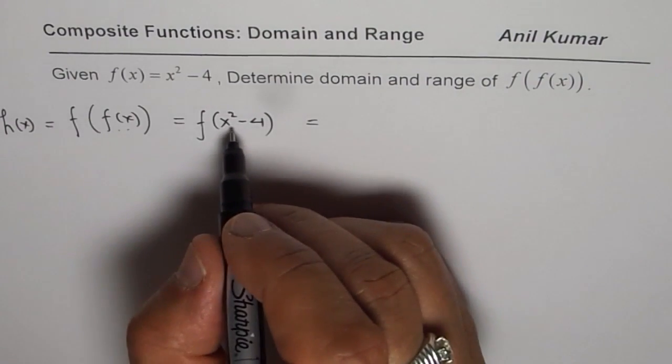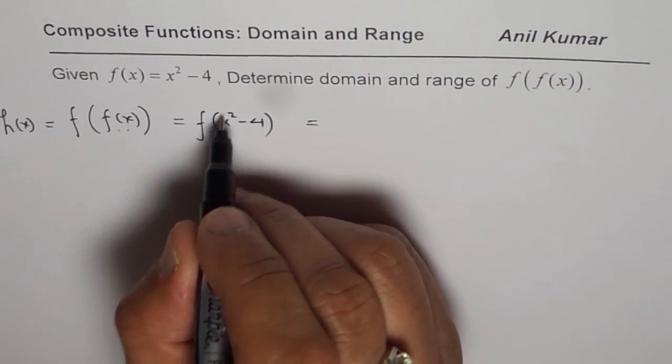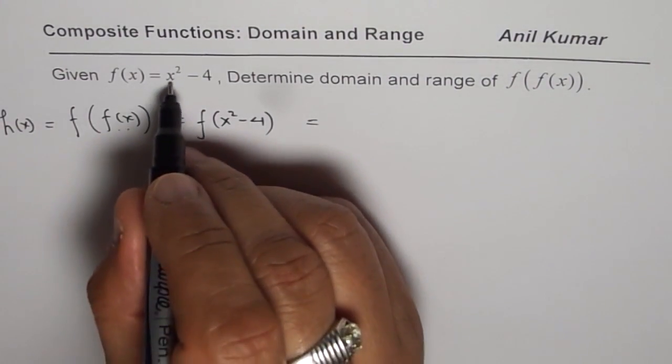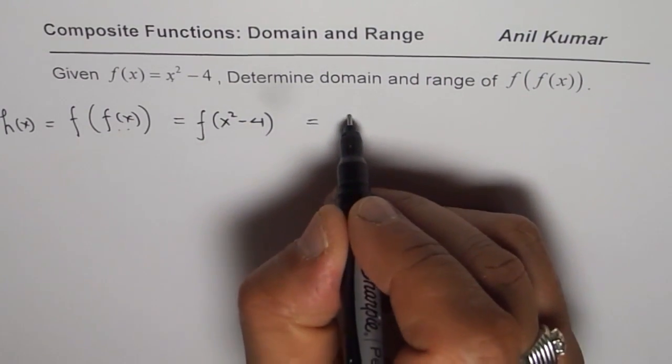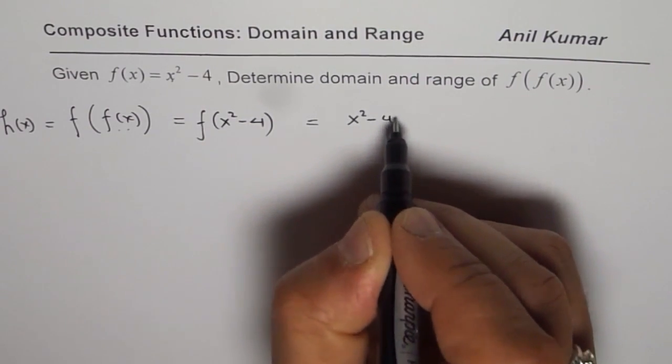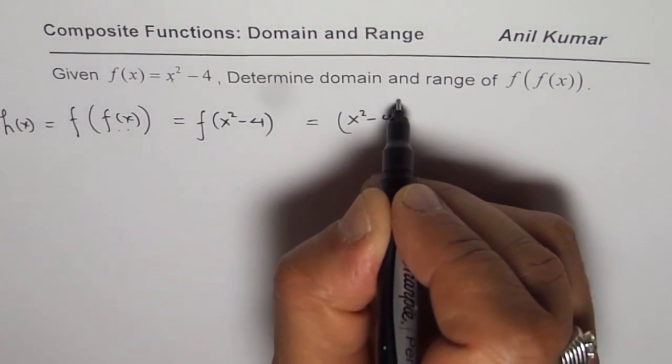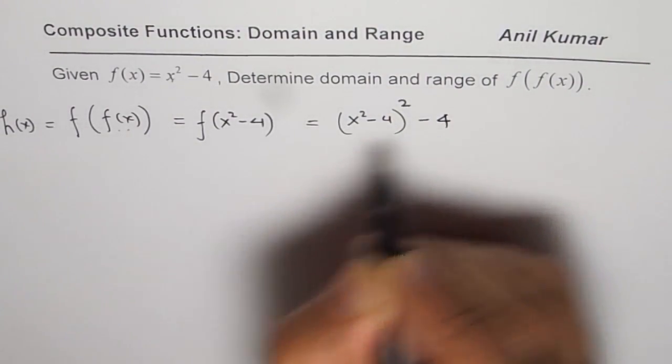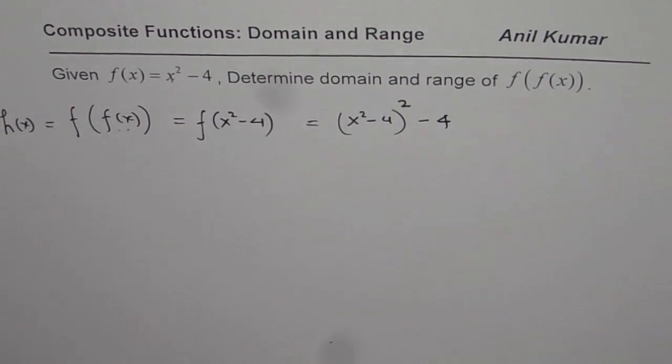So doing so, what do we get? f of x square minus 4 will be, replacing x with x square minus 4, x square minus 4 whole square minus 4. You get an idea, right? So that is how we get h of x, which is composition of a function with itself.